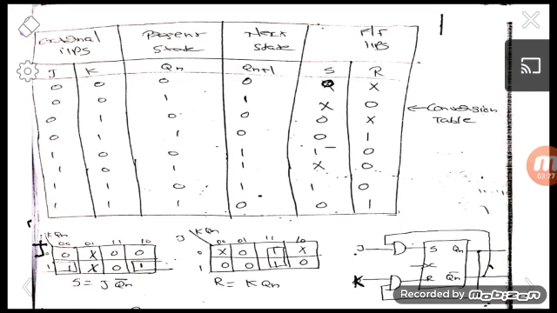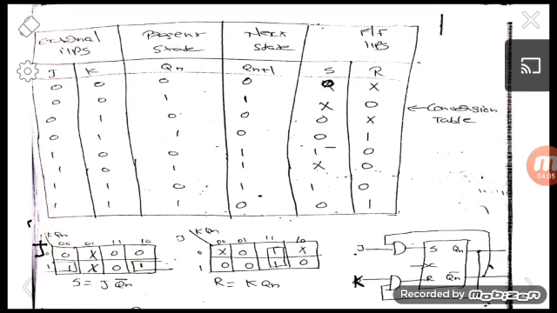For the three variables we write the possible combinations, that is, 0 0 0, 0 0 1, 0 1 0, 0 1 1, up to 1 1 1. So that's the first step: we are writing the external inputs and the present state of the flip-flop, treating them as three variables, J, K and Qn, with combinations from 0 0 0 to 1 1 1.